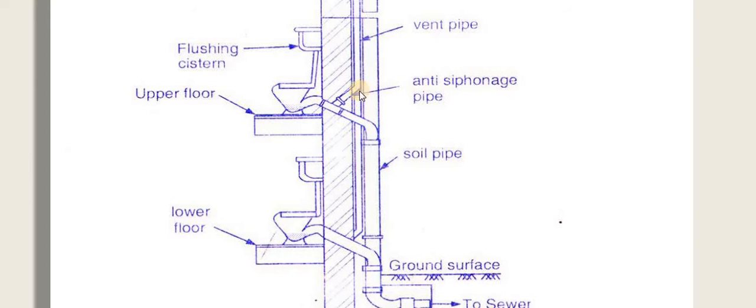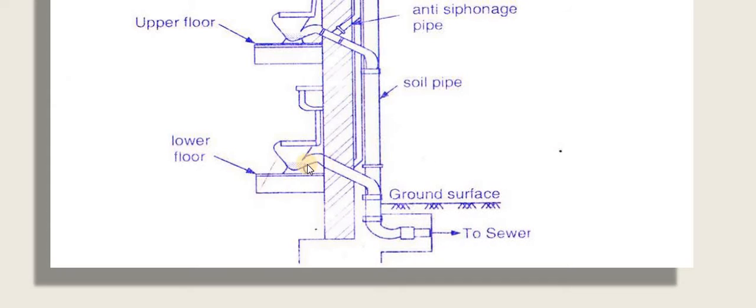You should understand that the traps which discharge waste directly into the soil pipe are again connected with a joint. This is the T joint, and this is the connection made with the vent pipe with a pipe called the anti-siphonage pipe.